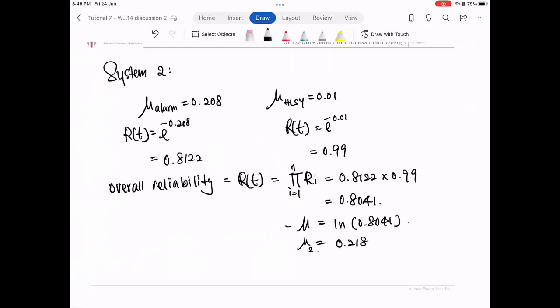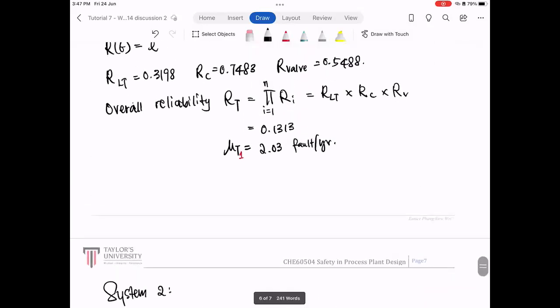The calculations will be the overall unreliability for both systems. Okay, to do the calculation, in this case we'll have the P for system 1, which will be 1 minus 0.1313.